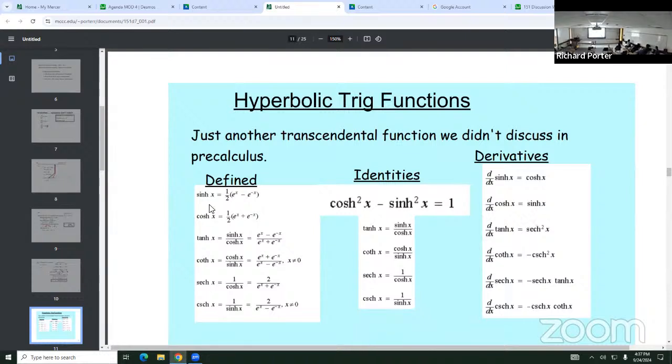So the sinh. Here's the thing, since you have to say stuff in this class, sinh is not "sine H", it's "cinch", like the word cinch.